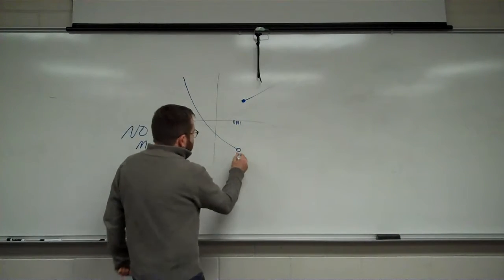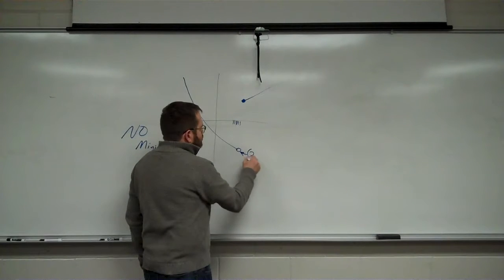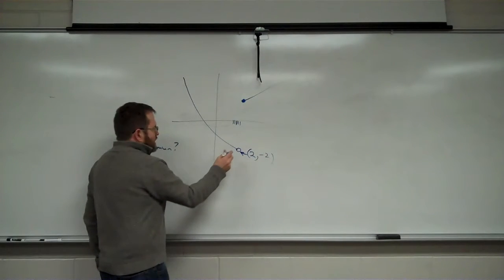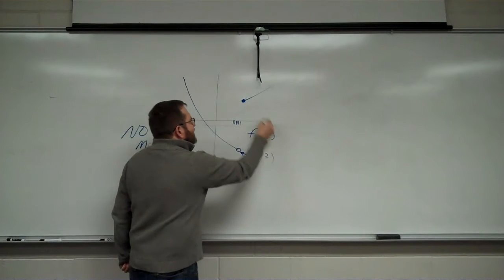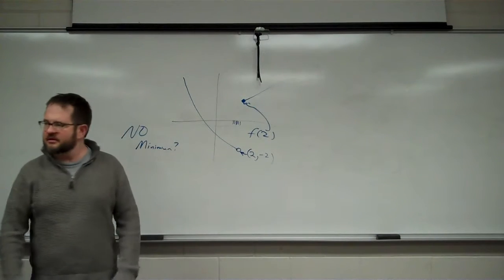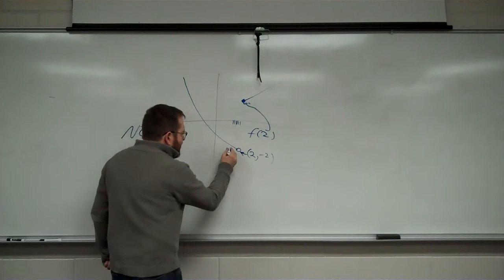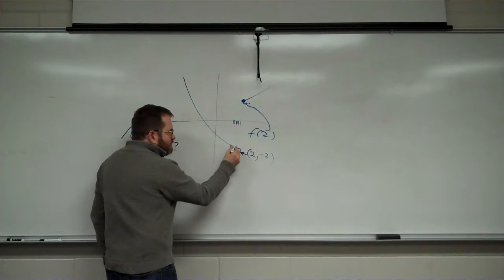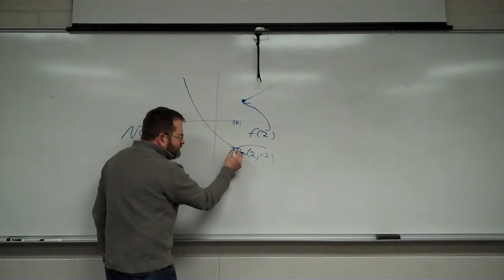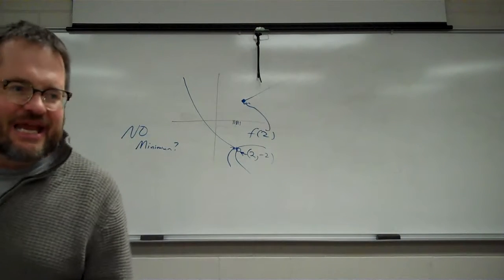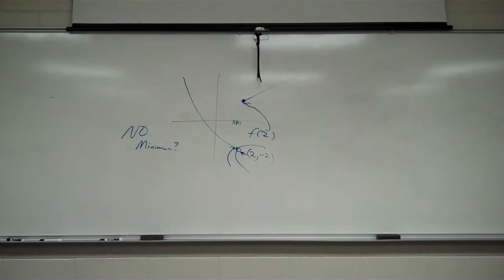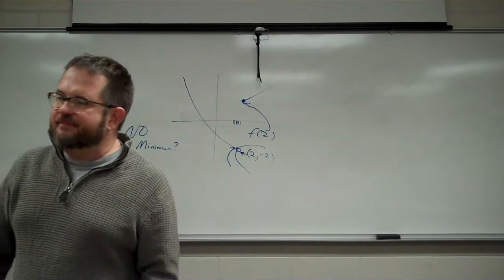Let's say this open circle right here is at 2 comma negative 2. Well, that isn't the value of the function. F of 2 is actually this thing. F of 1.99 is here, but F of 1.999 is here, and you can't get close enough. That's pretty neat, but that's kind of a theory of limits thing. I wouldn't get too bogged down about that.